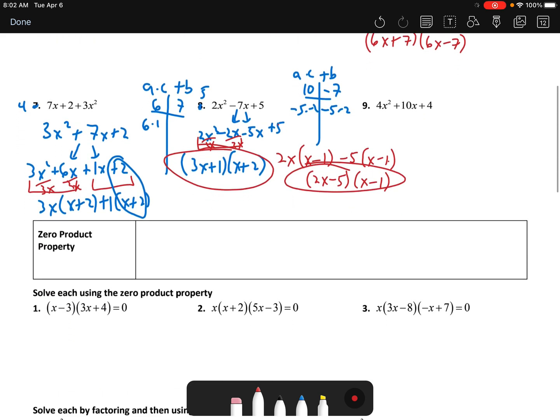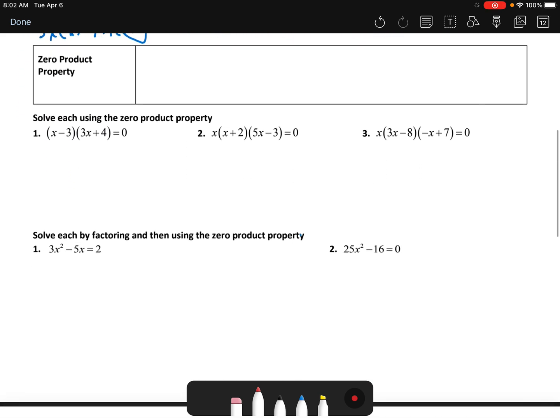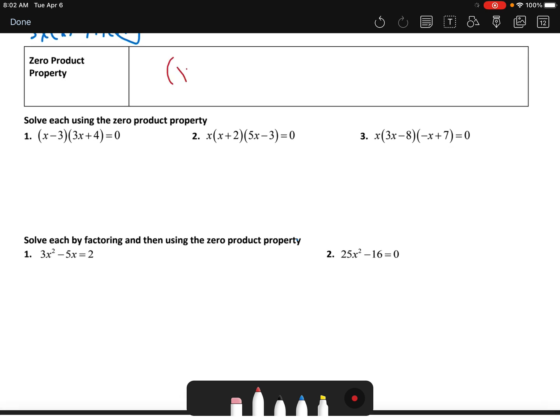Okay, so here's where we're really going for the lesson today. The zero product property. What this means is this. If you think about what we did earlier with factored form, we're going to set these equal to 0 and solve for x. By doing this, we find the solution or the 0 or the root or the x-intercept of our parabola or whatever shape it is.